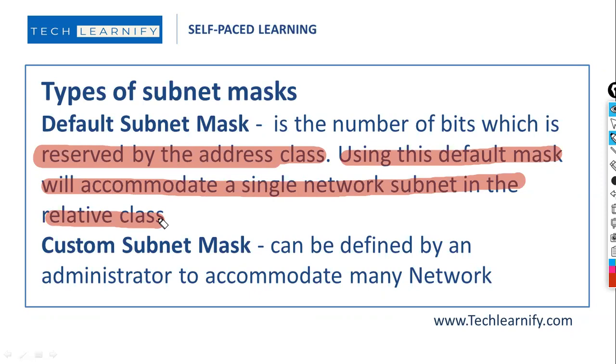Even in Windows-based computers, if you do not specify the mask and just assign an IP address, the subnet mask is automatically assigned as per the class of the IP address.